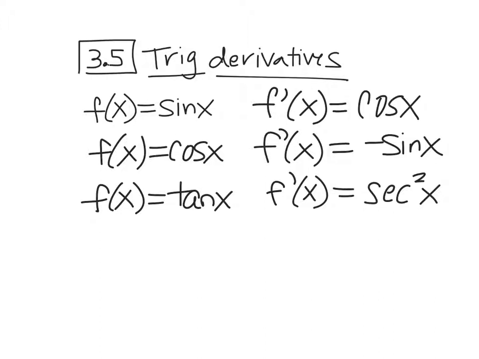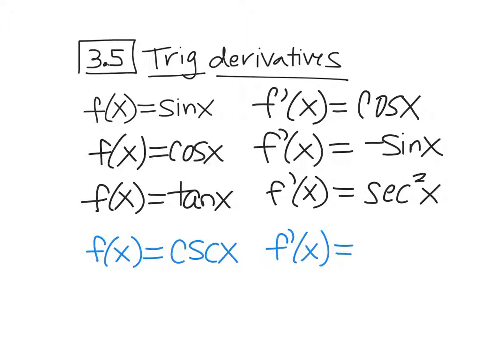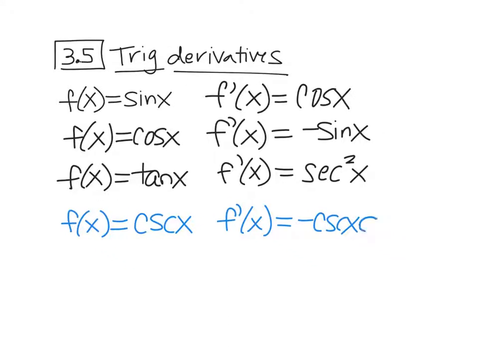Here we go. Let's take the derivative of, let's say we have f of x equals cosecant x. Then the derivative of cosecant x is negative cosecant x cotangent x. They get kind of complicated, don't they?